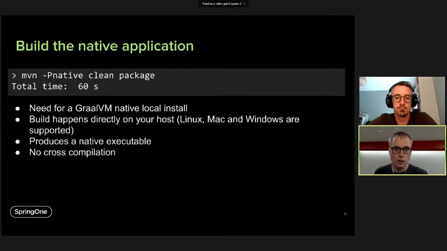So this is the command that we would use if we wrap that up in a native profile, mvn -P native clean package. So this is slightly different. You do need GraalVM installed locally. It's available for Linux, Mac, and Windows, and the build will happen directly on your host. It will produce an executable for the platform you're on. So you can't be on Windows and ask for a Mac executable.